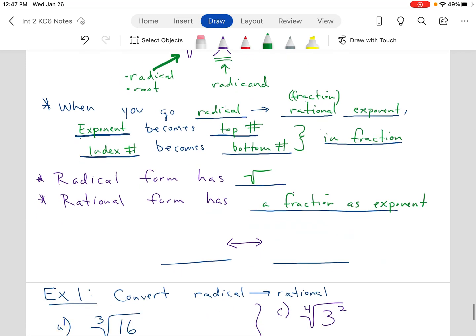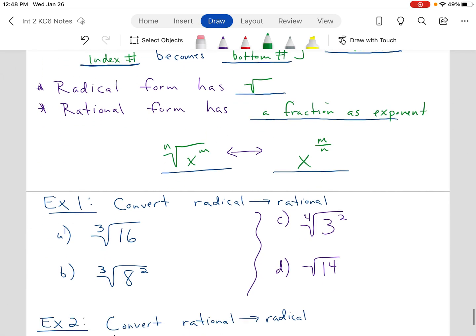Okay, so we're going to be going back and forth between these forms. We're going to be going from a radical, like I have above, to x to the m over n, a rational exponent function. Remember that m, your exponent, becomes the top number, and n, your index number, becomes the bottom number in that fraction.